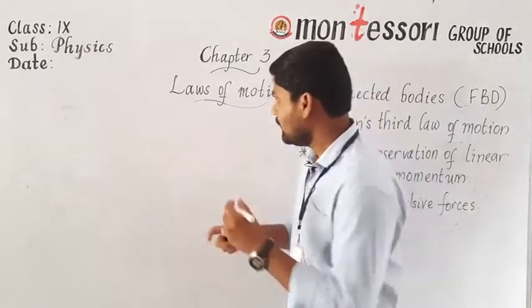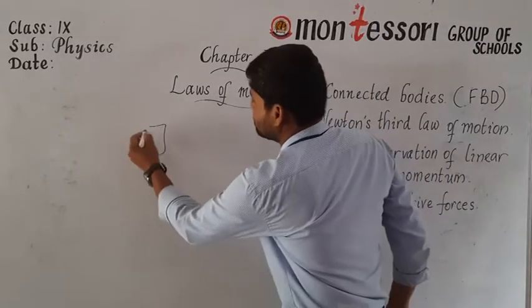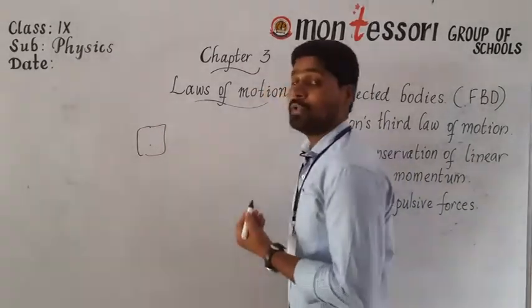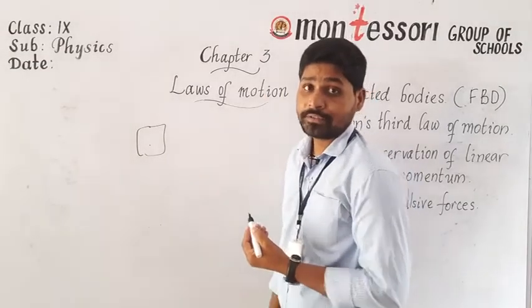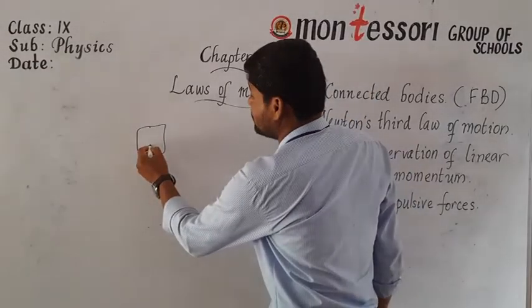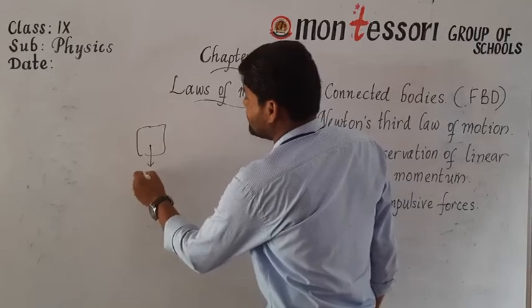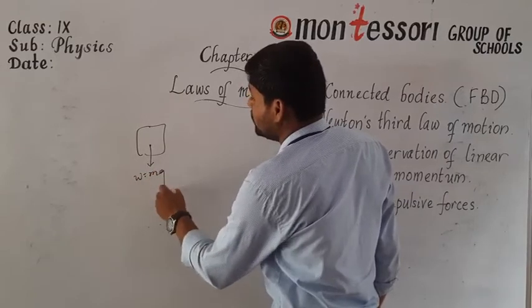For example, if you take an object here, how many forces act on this object? Because of gravity, the weight always acts vertically downward.